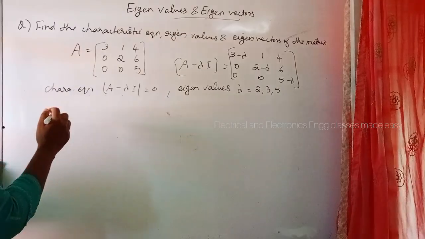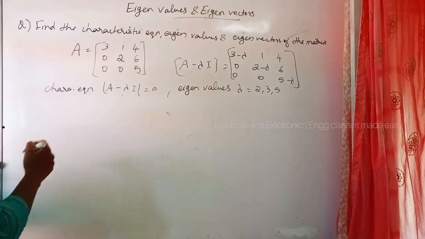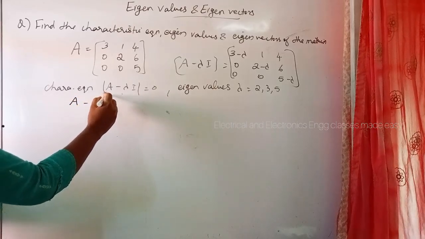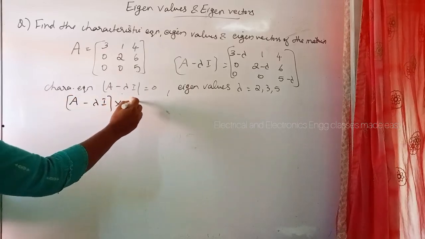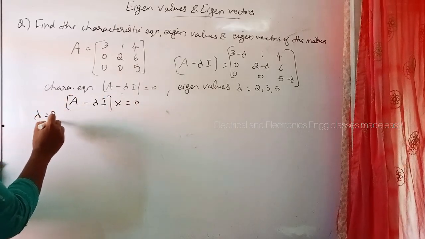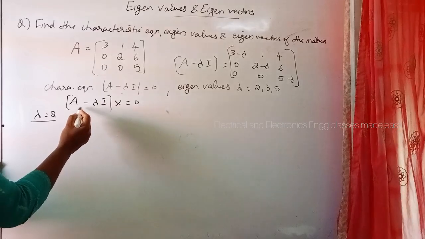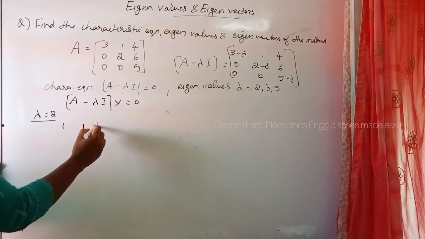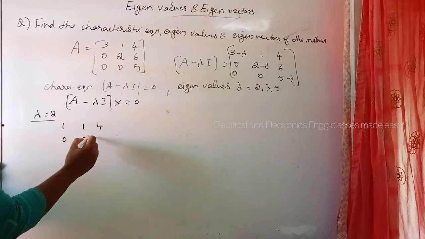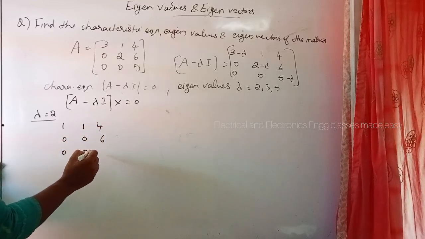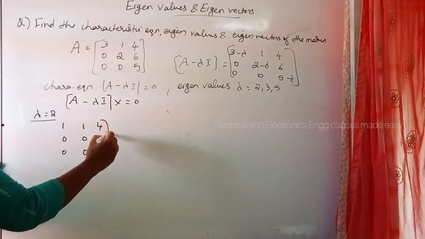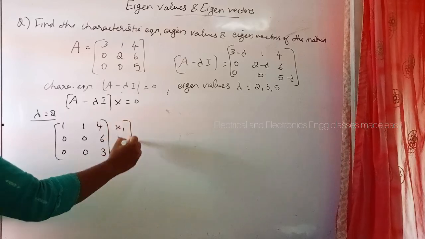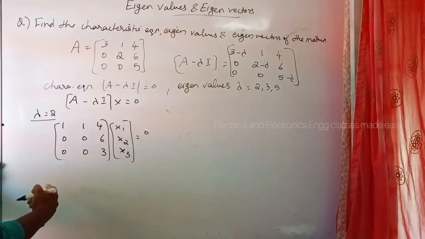Now let us find the eigenvectors corresponding to these eigenvalues. So for that we have to consider the equation A minus lambda I into x equal to 0. So for lambda equal to 2, we have to write this A minus lambda I. So 3 minus 2 is 1, 1, 4, then 0, 0, 6, 0, 0, 5 minus 2 is 3 into x, that is x1, x2, x3 equal to 0.